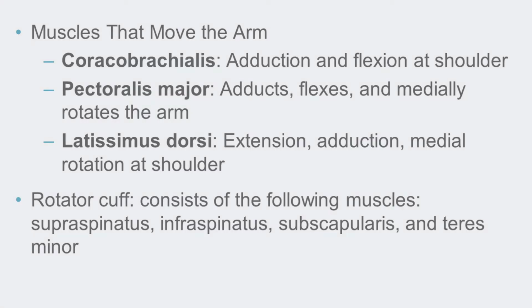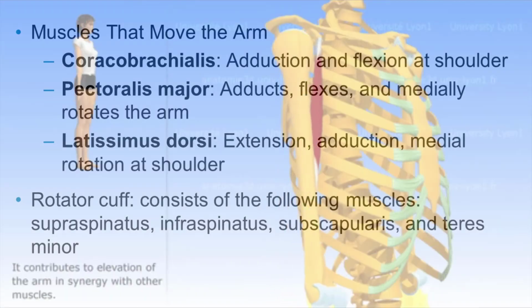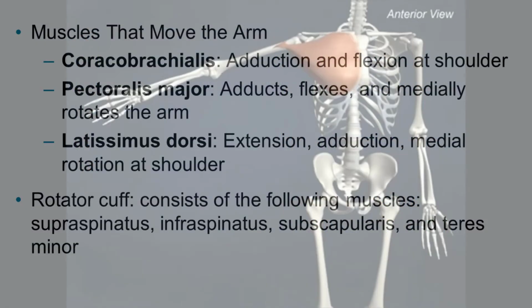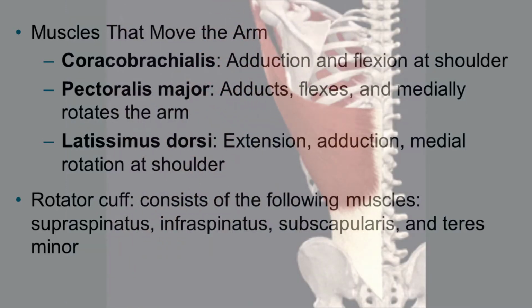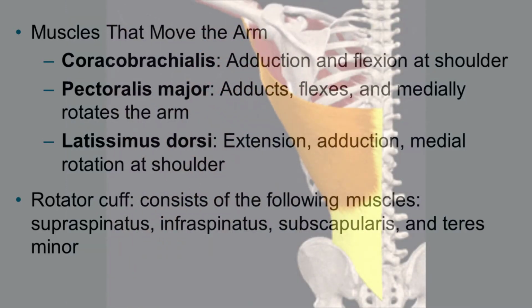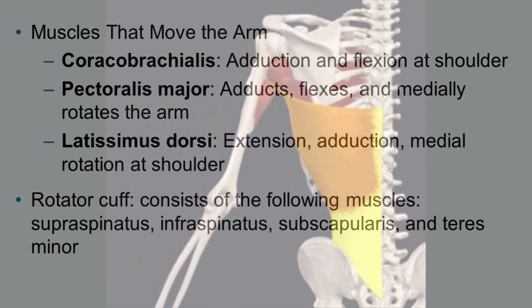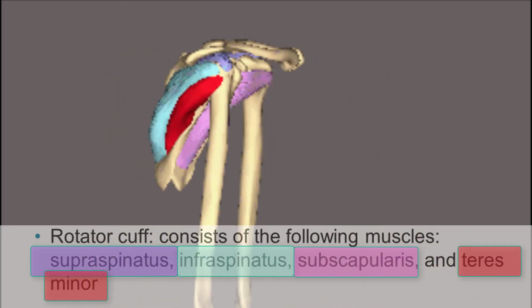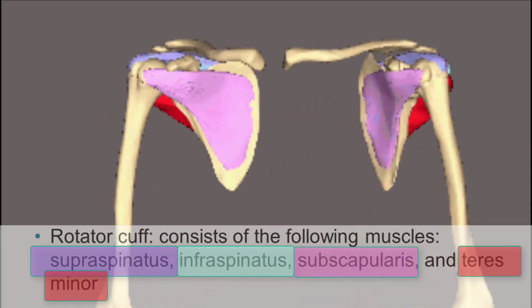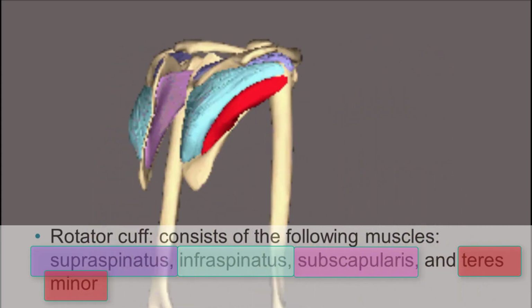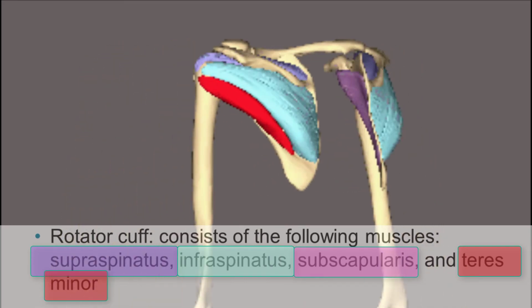The muscles that move the arm include the coracobrachialis, which performs adduction and flexion at the shoulder, the pectoralis major, which adducts, flexes, and medially rotates the arm, and the latissimus dorsi, which extends, adducts, and medially rotates the shoulder. The rotator cuff muscles include the supraspinatus, infraspinatus, subscapularis, and teres minor.